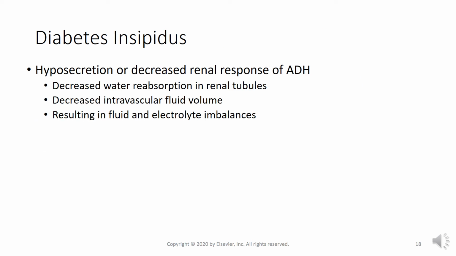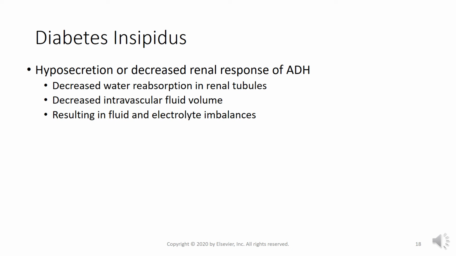So the last pituitary disorder that we're going to cover is diabetes insipidus. First I want to point out that this has nothing to do with glucose or diabetes mellitus. It's diabetes insipidus, and it's all around ADH, water regulation, and we're really concerned about that sodium. So this is a hyposecretion of ADH or a decreased renal response to ADH.